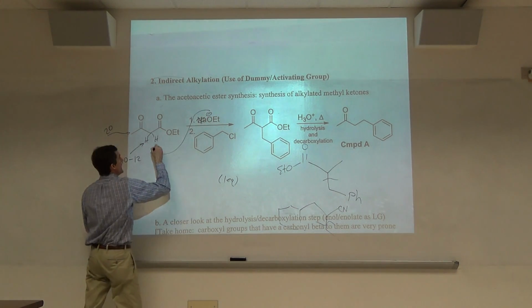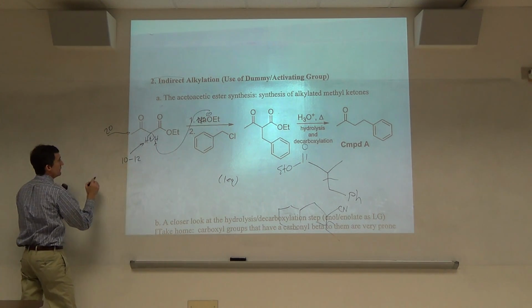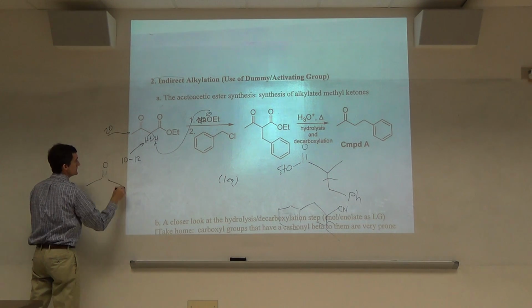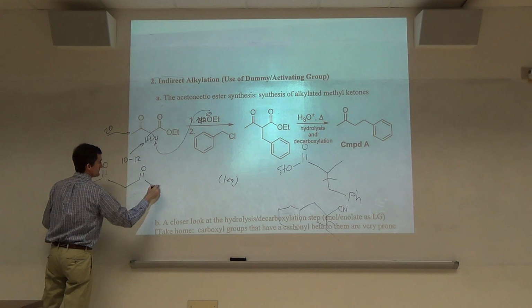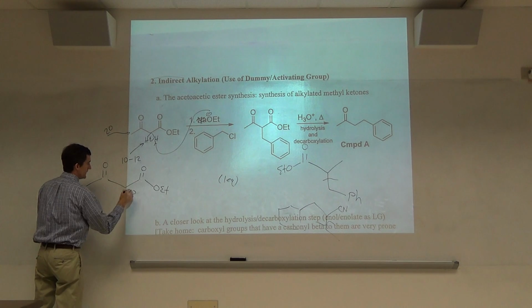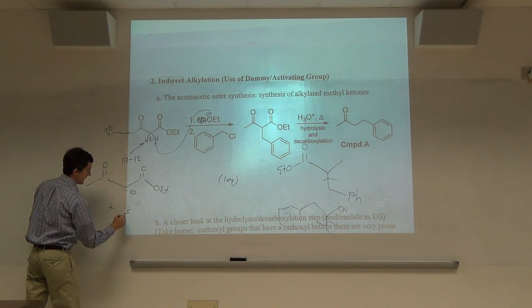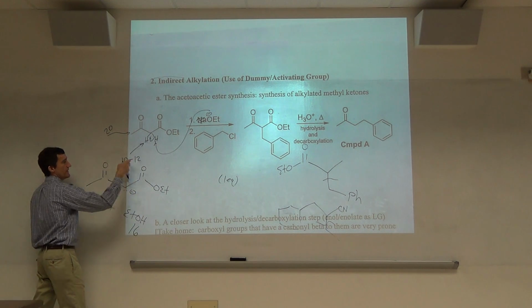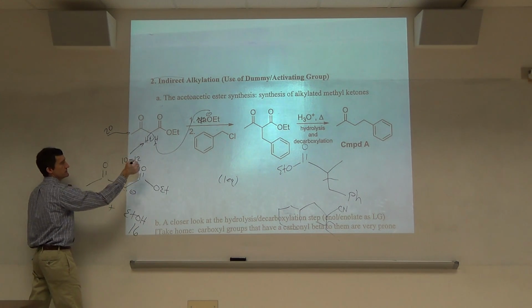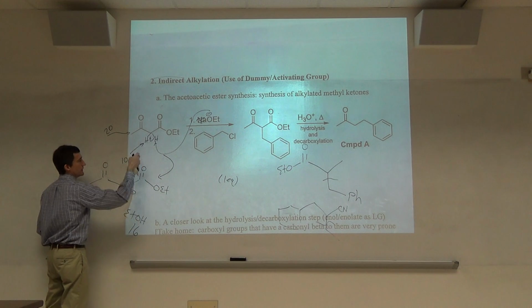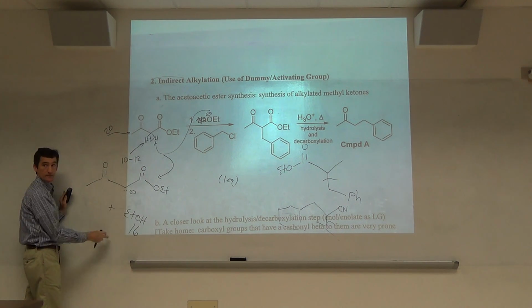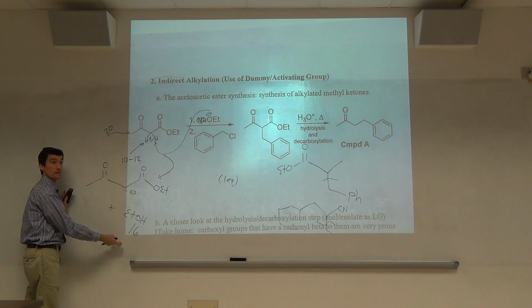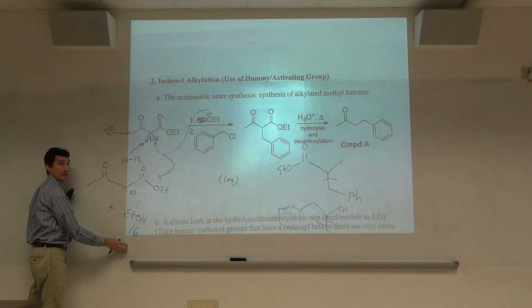So the weaker base abstracts it, and we get this plus what? Ethanol. Ethanol is like water, 16. That's 10 to 12. Which side's favored? 10 or 16? 16. See, this is favored. It will fully deprotonate essentially.